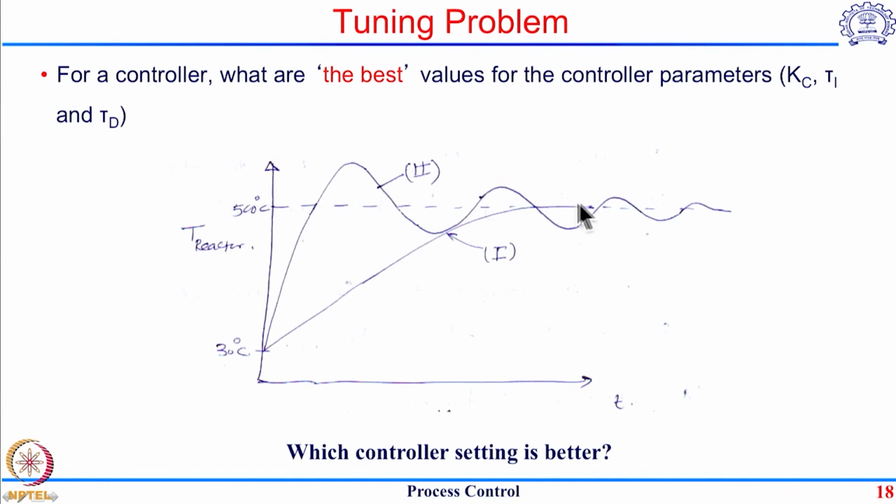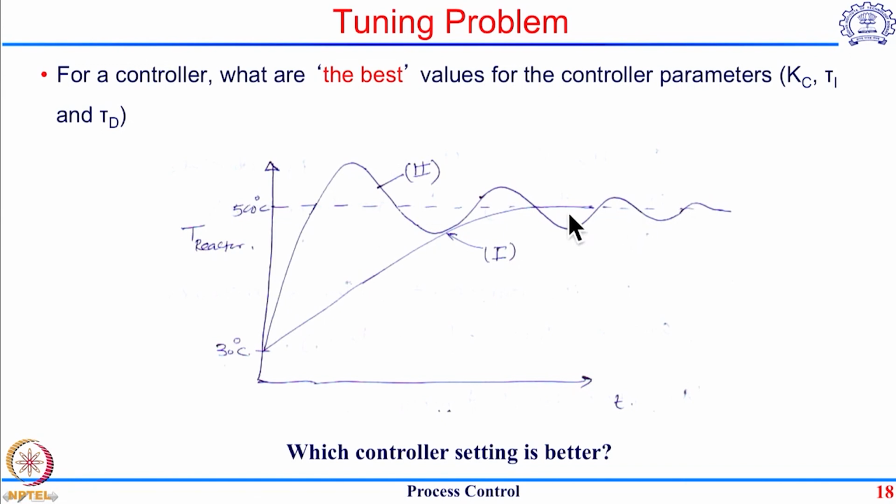Both these are PID controllers and they are giving you different response. However, in the end both these controllers are able to achieve the response of the temperature reaching the desired set point value.